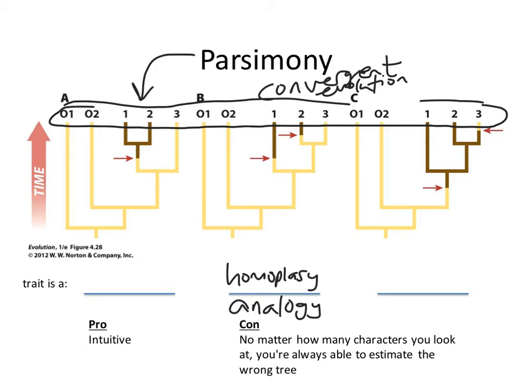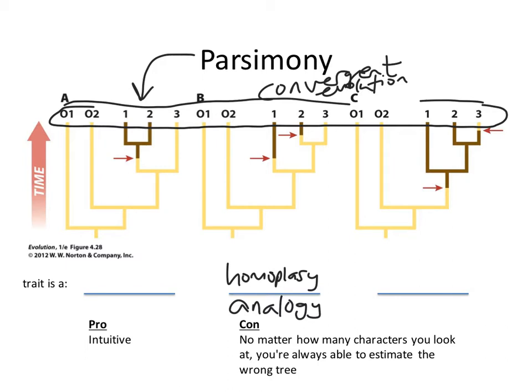Which are the 2 most closely related species in B? 2 and 3. So that tree might be the real tree. That is, that might actually represent what happened over time as these species evolved. But the one trait that we're looking at is being misleading, because that brown coloration evolved twice separately. It's a homoplasy, the one we don't want to build trees on.